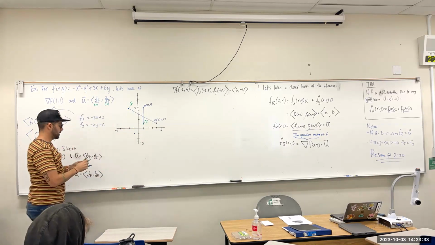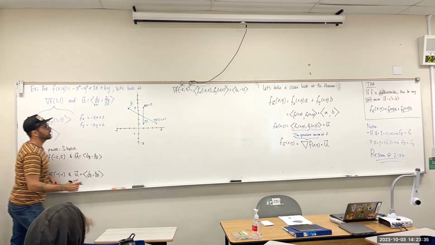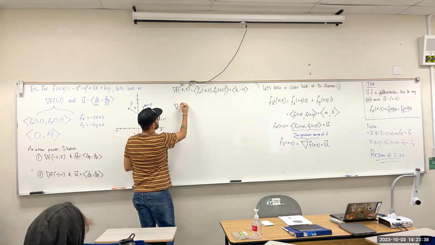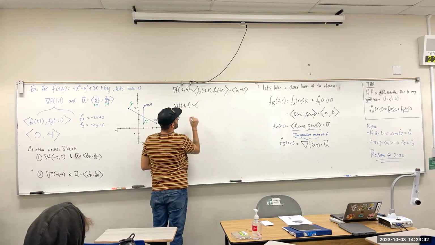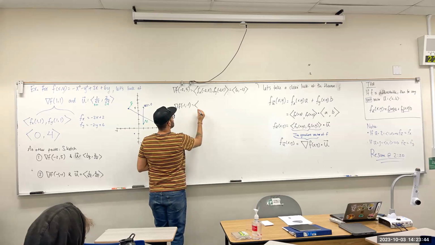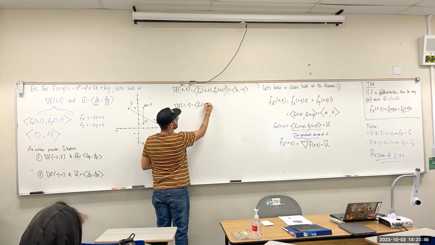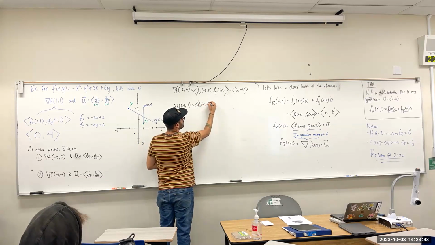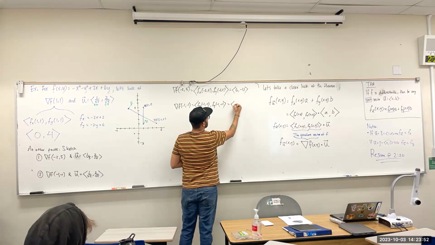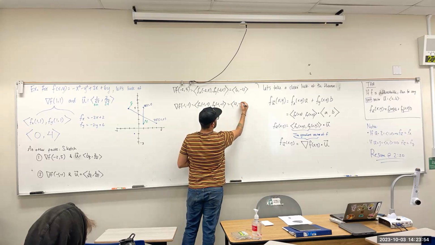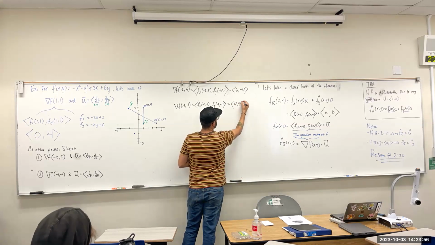Okay? Then you guys did the point -1, -1. So the same thing, you plug in -1, -1 into your partials, and what did you guys get? 4, positive 8. Okay, so you plug in -1, -1, and then you get 4 comma positive 8, right?